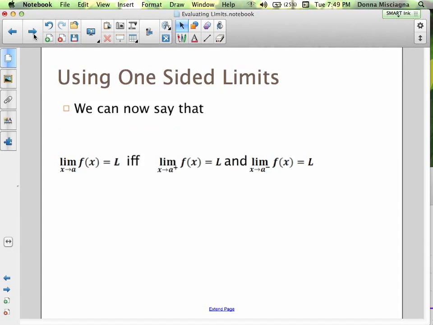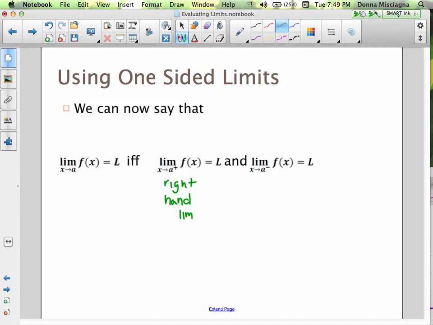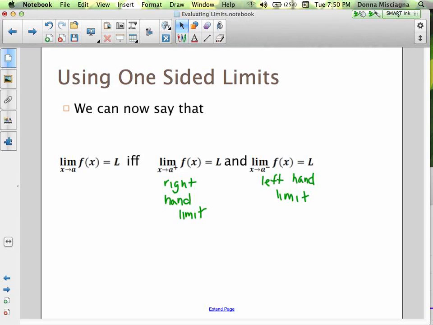All right, so using one-sided limits, we can say that the limit of f of x as x approaches a is equal to L if and only if, that IFF means if and only if, the right-hand limit and the left-hand limit exist, and they equal the exact same value.